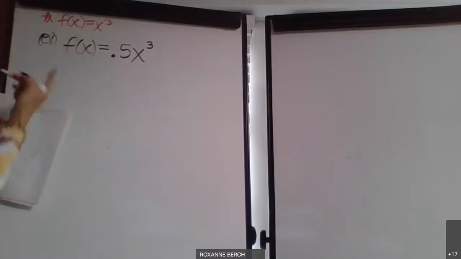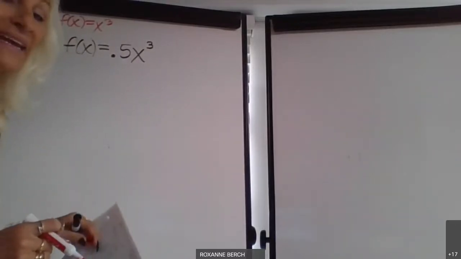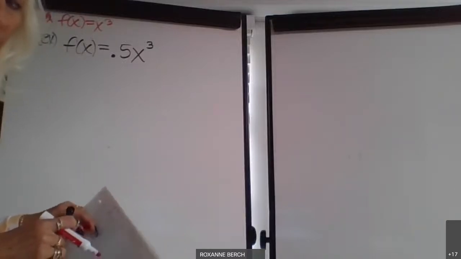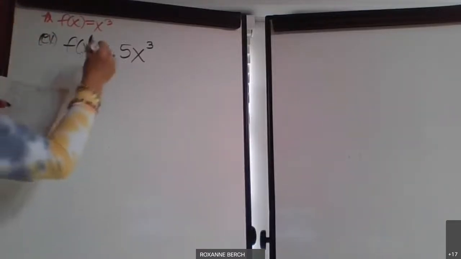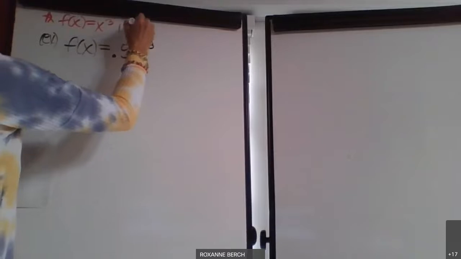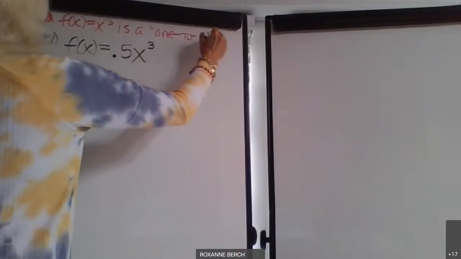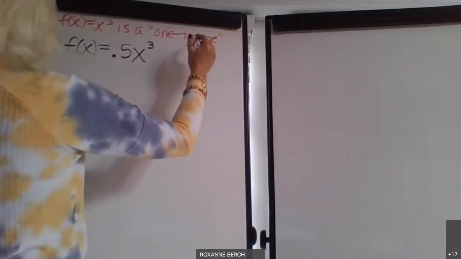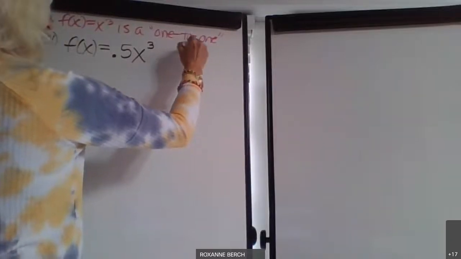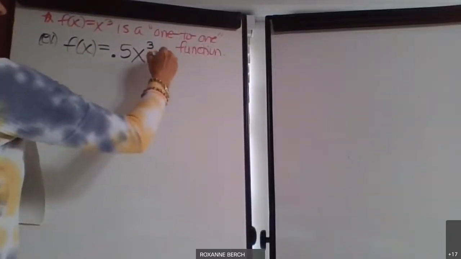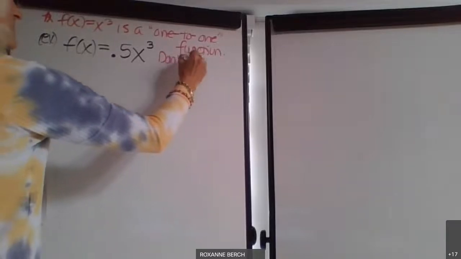So I just want to make a note. I said that the quadratic was a many-to-one function, and that's because we had to restrict the domain. The cubic is a one-to-one function. That means we don't have to restrict the domain.